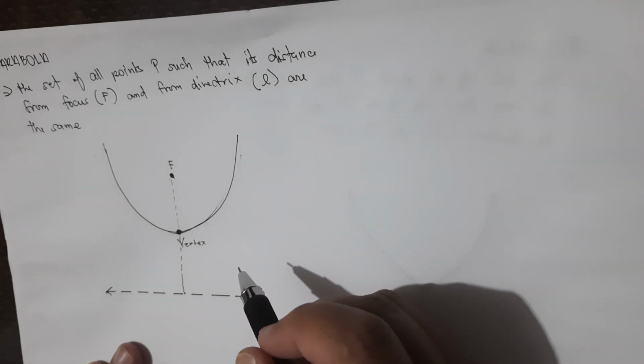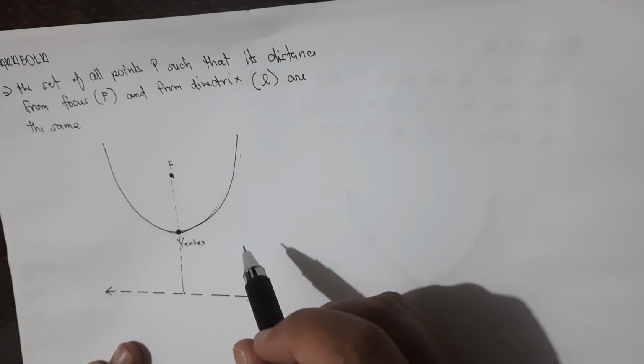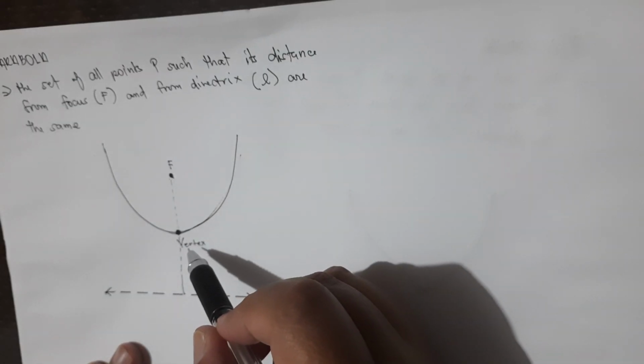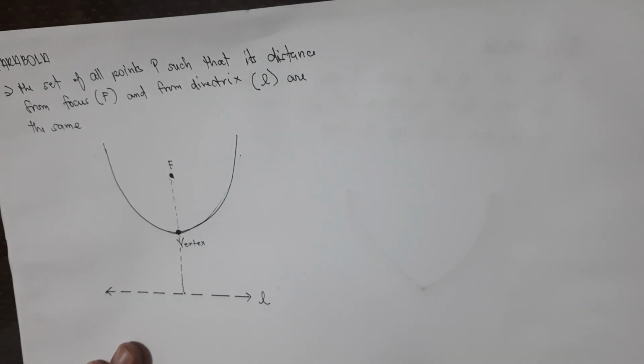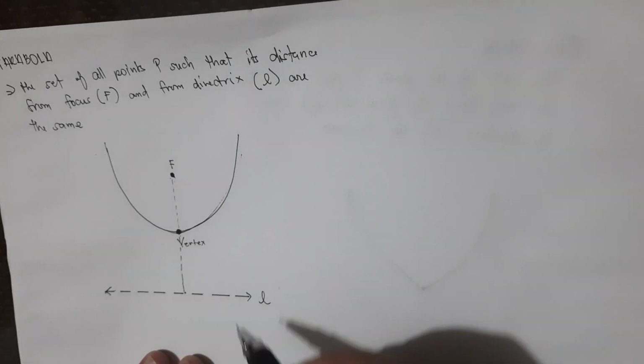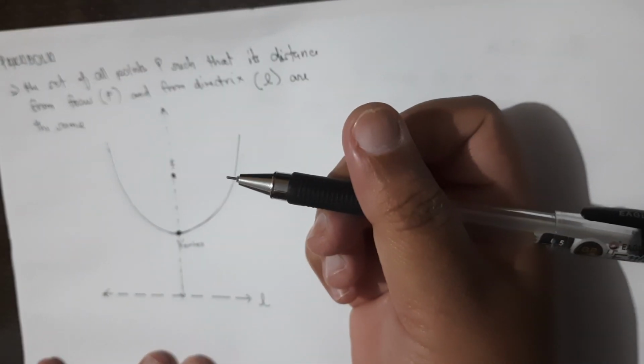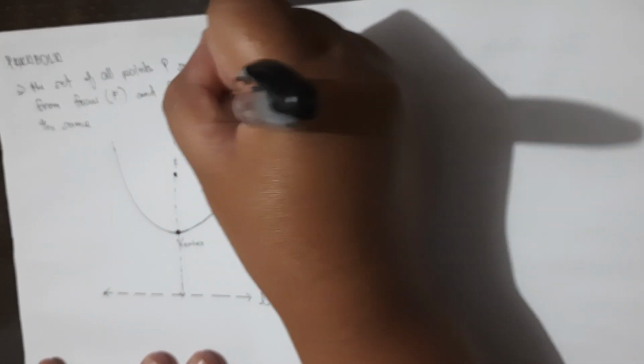It is the line that passes through the focus and vertex, and is perpendicular to the directrix. So it is located in here. It is a line that cuts the parabola. So this is what we call the axis of symmetry.